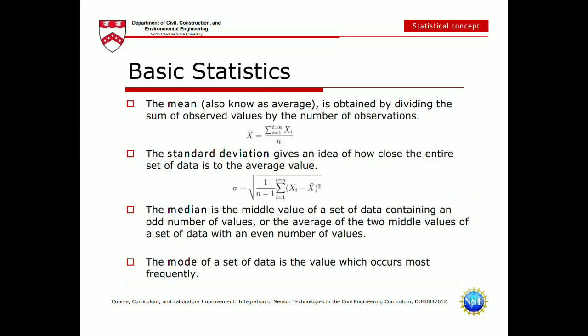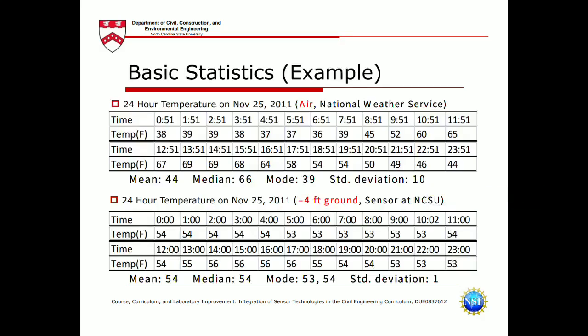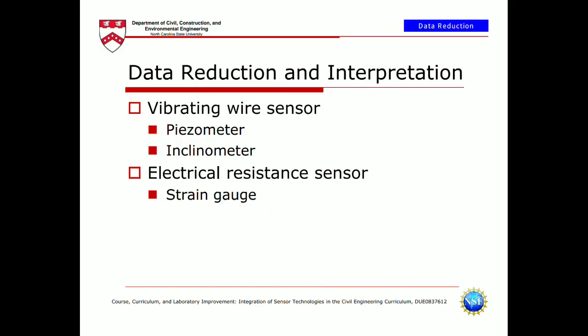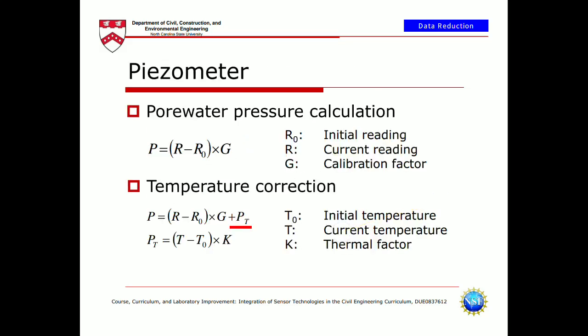Then we saw each statistical concept in equation form. Then we took examples of these statistics, and then we saw data reduction and interpretation for particular sensors like the piezometer, inclinometer, and strain gauge.